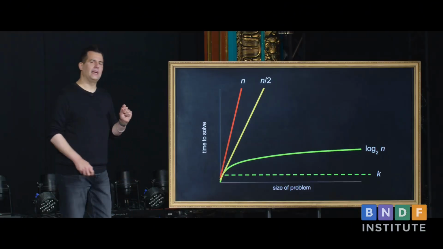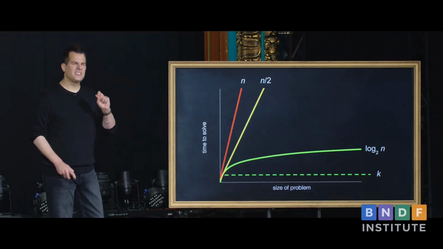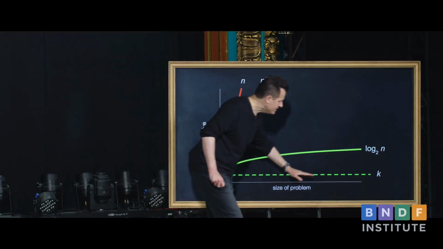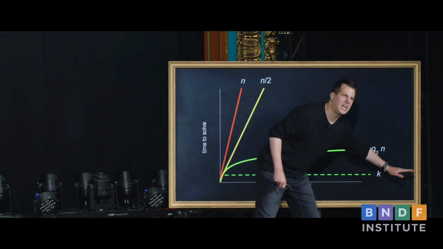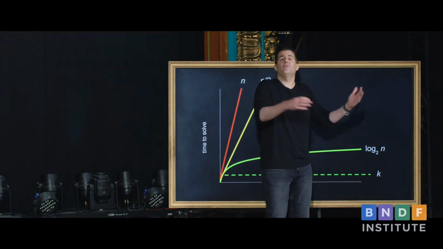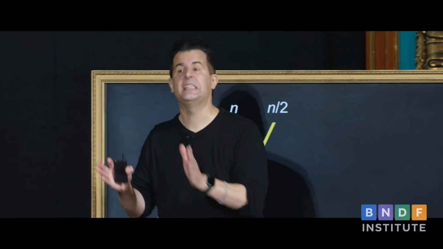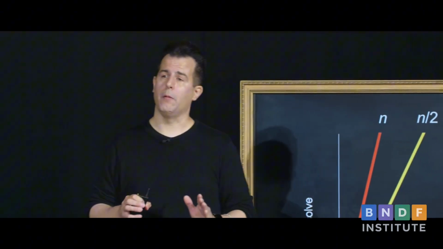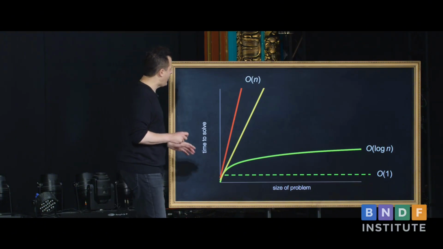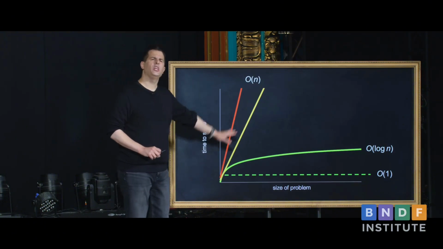What we're really trying to get to is an algorithm whose running time is constant, represented by k, whereby no matter how big the problem is, the solution takes the same amount of time. K steps, where k might be 1, might be 10, might even be 1,000, but it is independent of n, the size of the problem. And indeed, if we reintroduce our big O notation, we can think of this same chart now as really representing 2 linear algorithms.